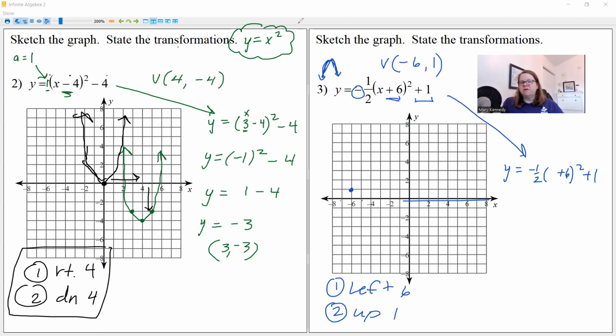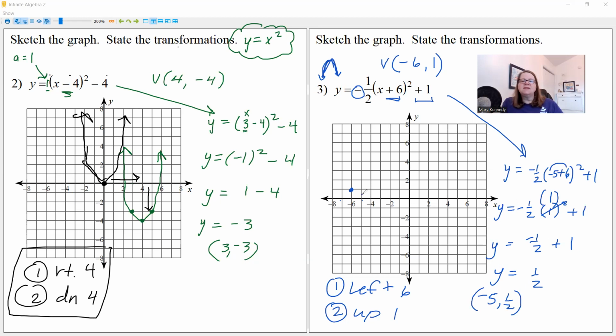So y equals -1/2 times 6 minus 5, which is 1. 1 squared is just 1, so I'm multiplying by 1. -1/2 times 1 is -1/2. So 1 minus 1/2 is 1/2. So I get that when I go to -5, my y value is up 1/2.